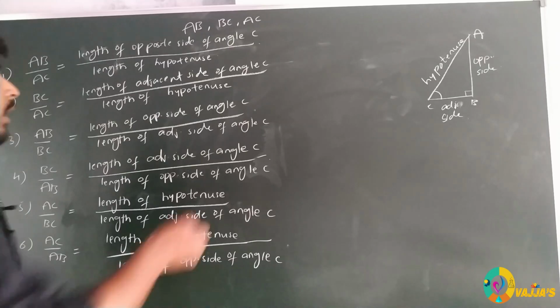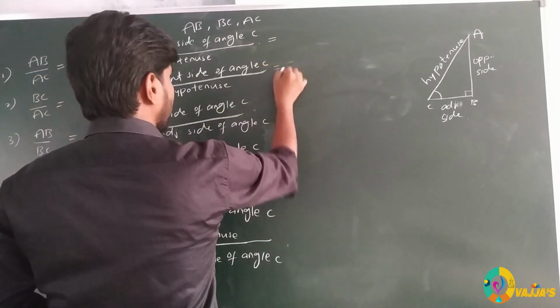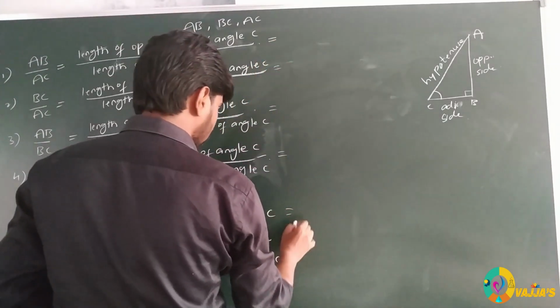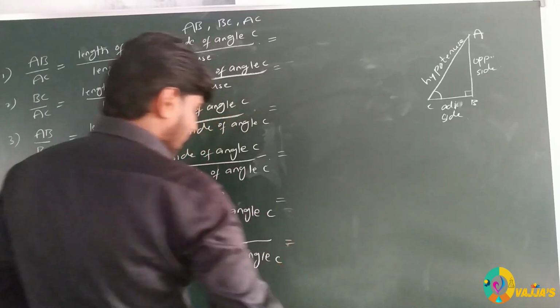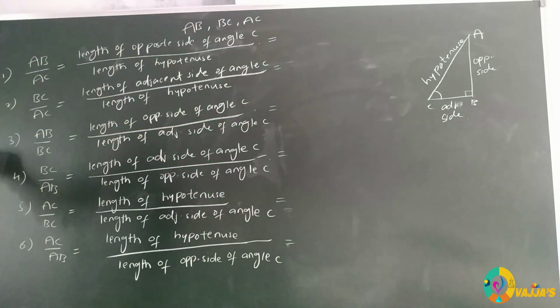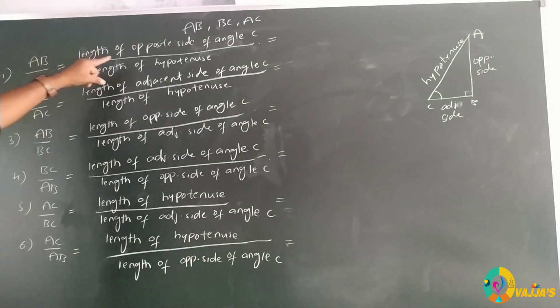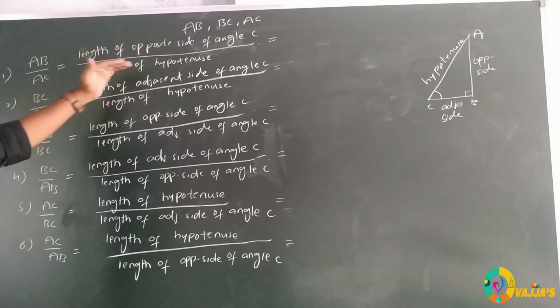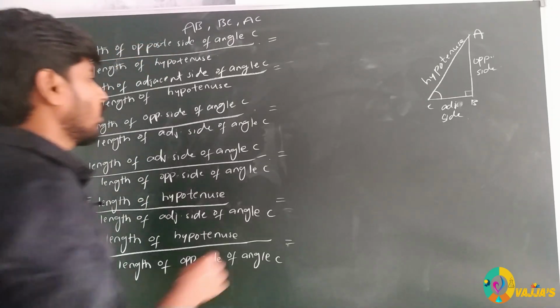Next, to these ratios I am giving a name. What is that? To the length of the opposite side of angle C by the length of hypotenuse, I am giving a name. What is the name?